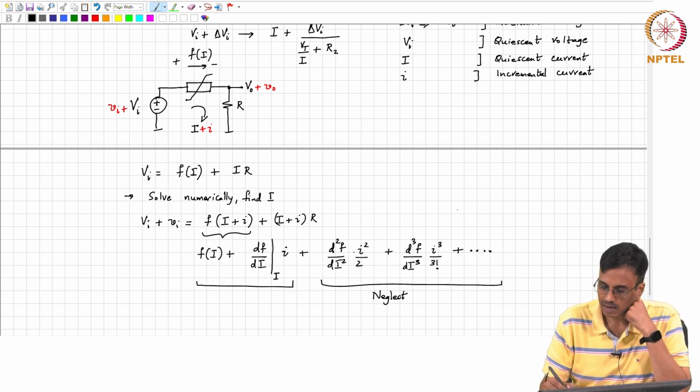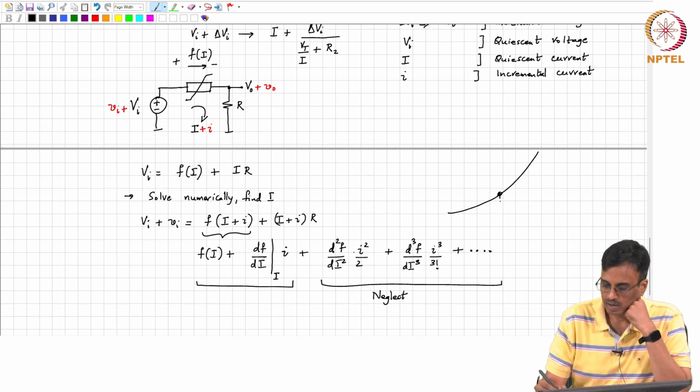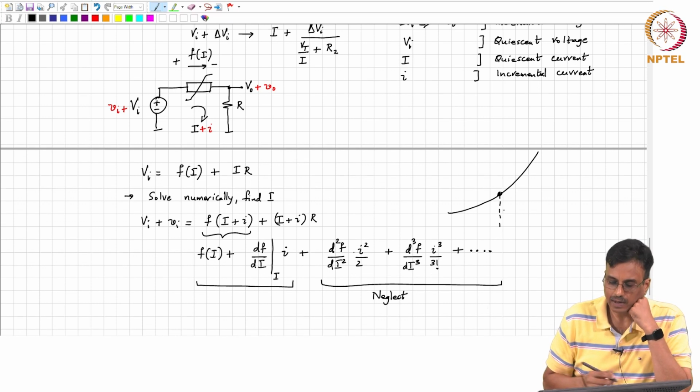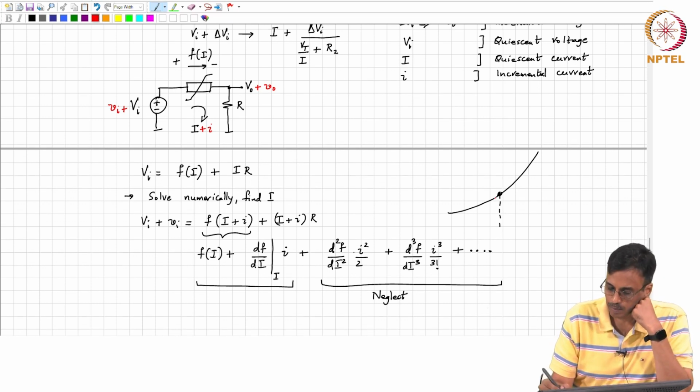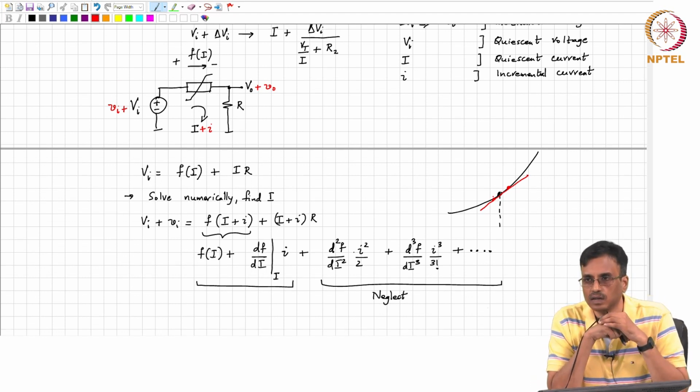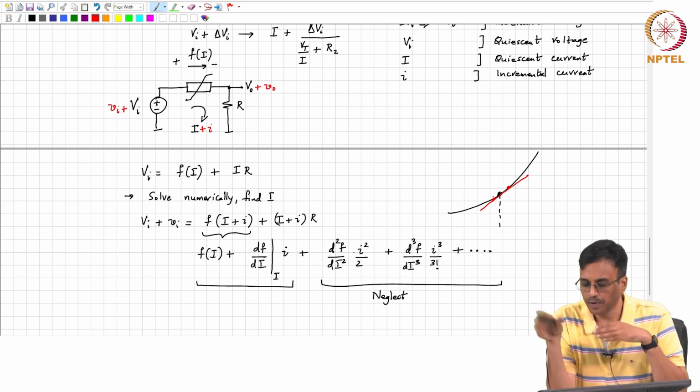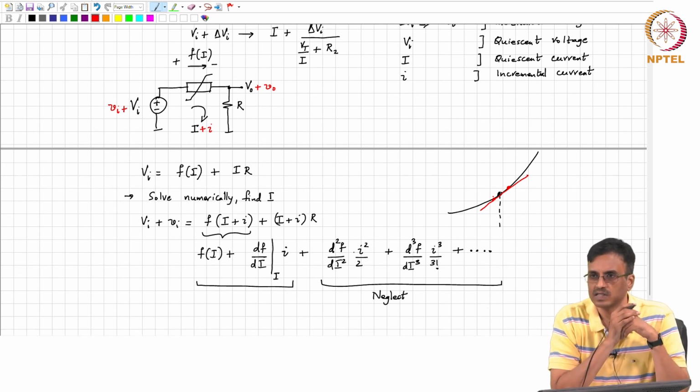And the intuition is that if you have a curve and the point about which you are expanding is that, then around that operating point, if you are sufficiently close by, you just need the slope. If you go too far away, then you need curvature and all that stuff.